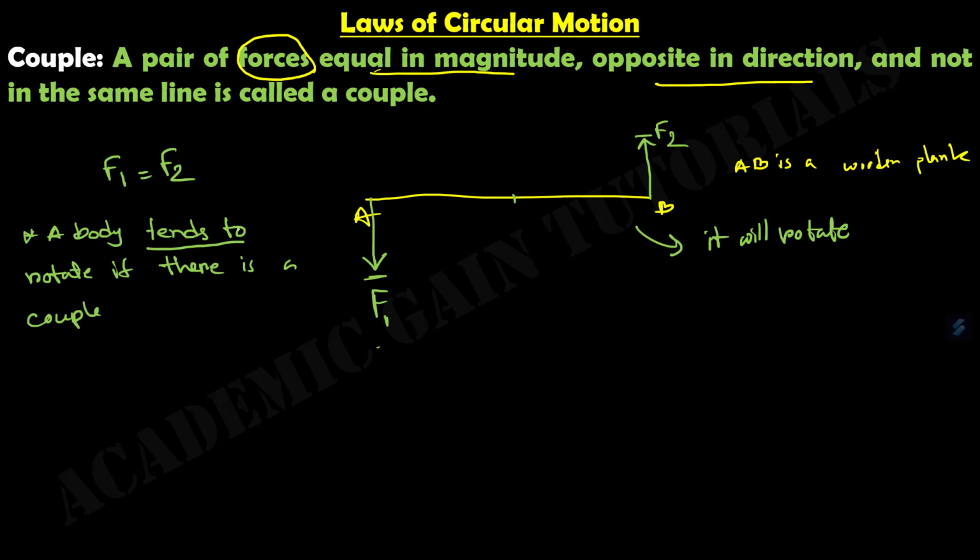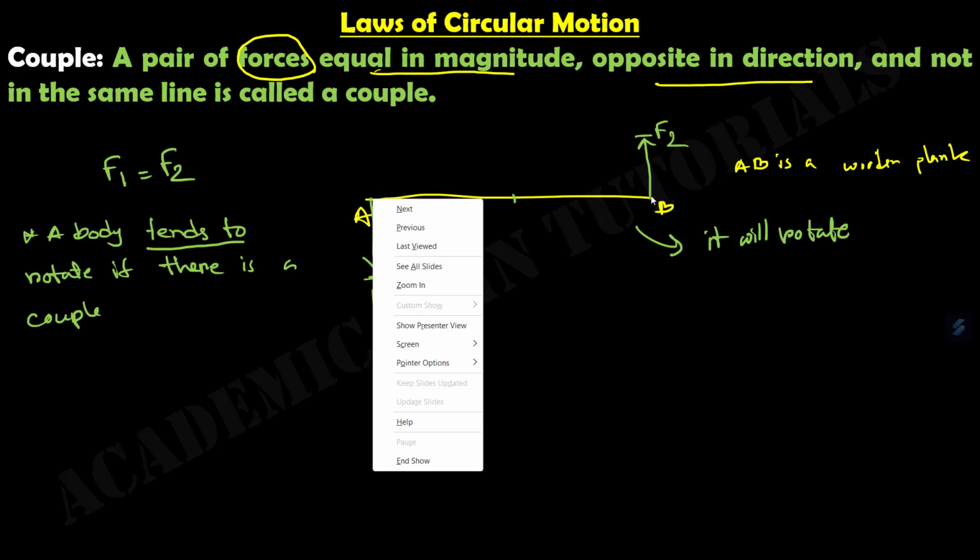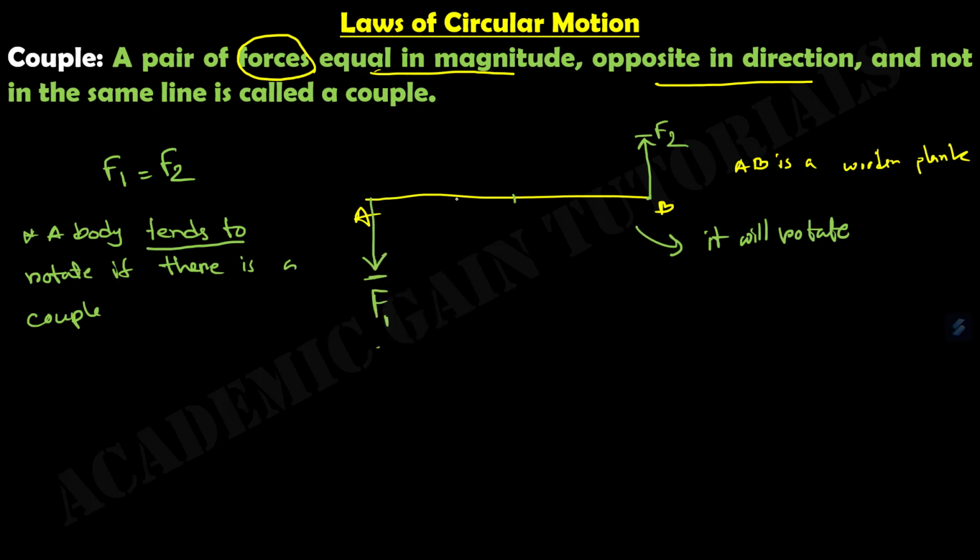When a couple acts on a body, the perpendicular distance between the forces is called the arm of the couple. As the perpendicular distance between points A and B is AB, here we can say that AB is the arm of the couple.